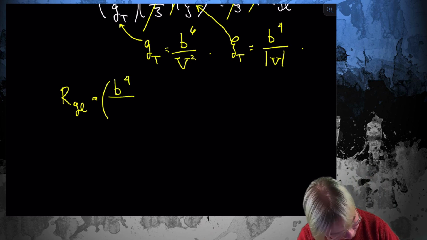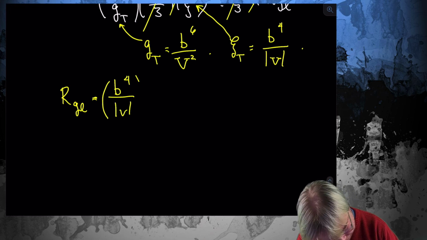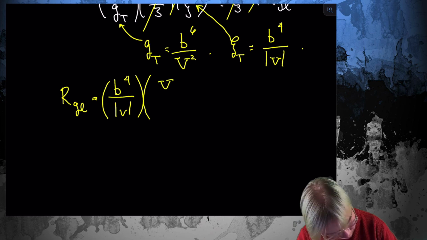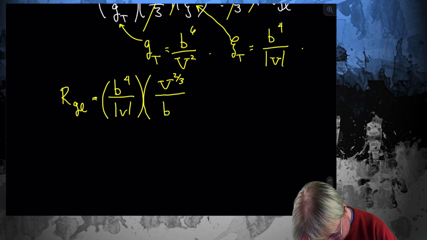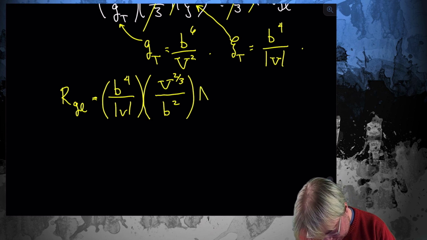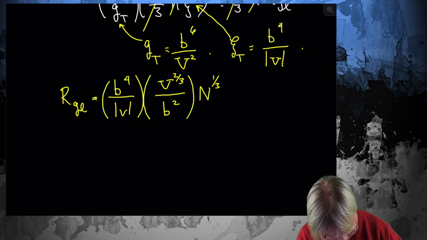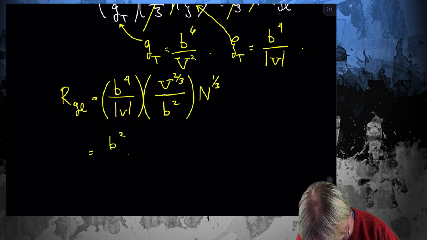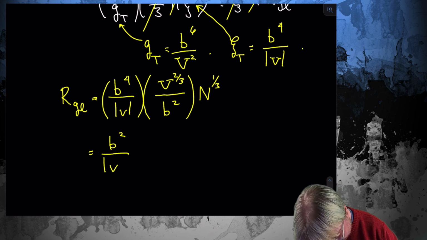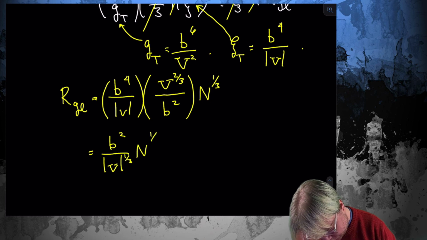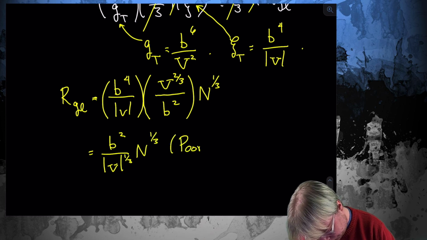I get b to the 4th divided by absolute value of v, and then I get excluded volume to the 2/3 power divided by b squared. And then I get N to the 1/3 when everything cancels out. And so this is going to give me b squared divided by absolute value of the excluded volume to the 1/3 power, N to the 1/3 power. So this is poor solvent.